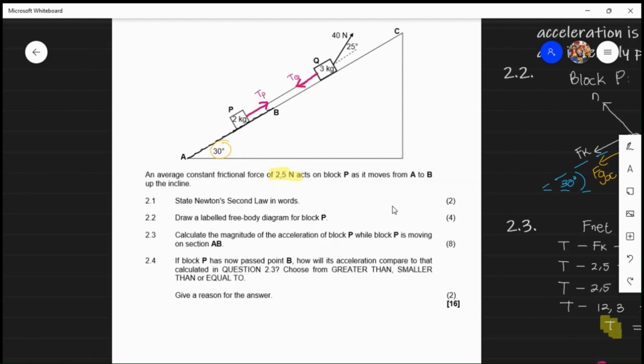Our last and final question is question 2.4. If block P has now passed point B, how will the acceleration compare to that calculated in question 2.3?